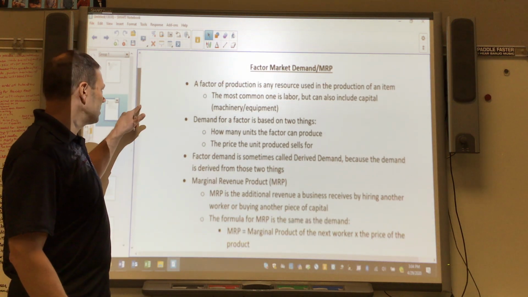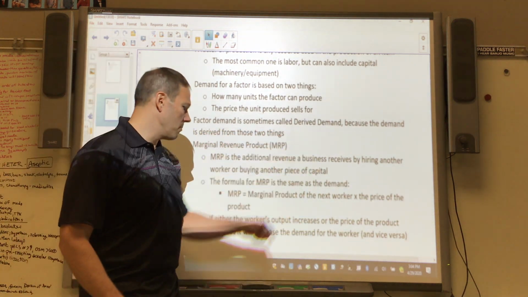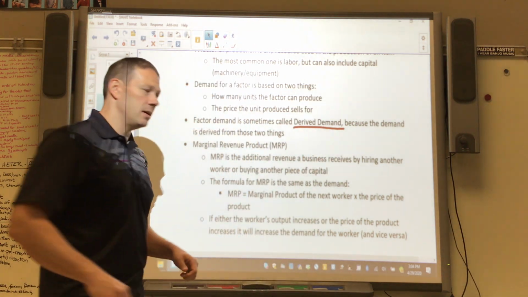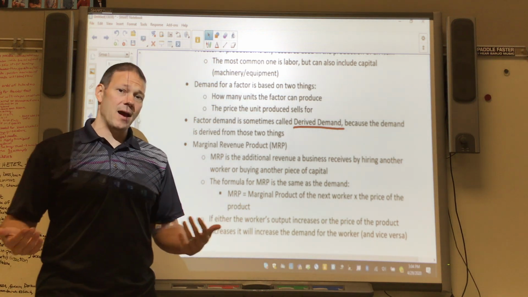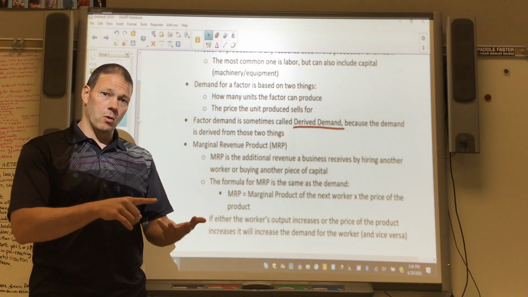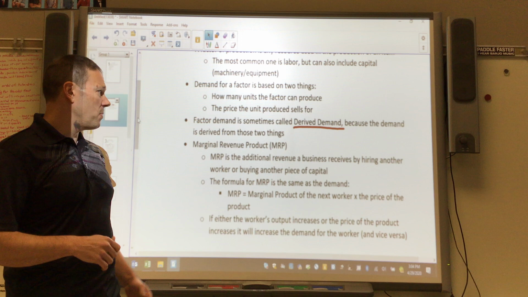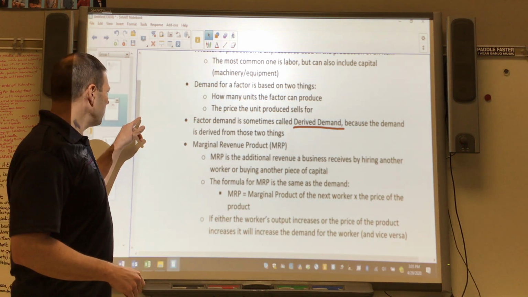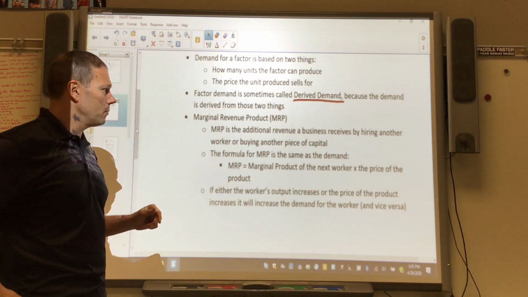For that reason, sometimes you hear the term derived demand. That's an important phrase that'll often come up. The idea is that the demand for any factor, whether worker or piece of capital, is derived from those two things.